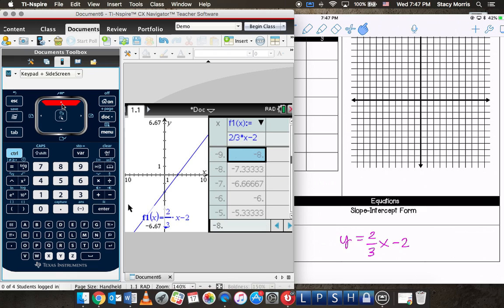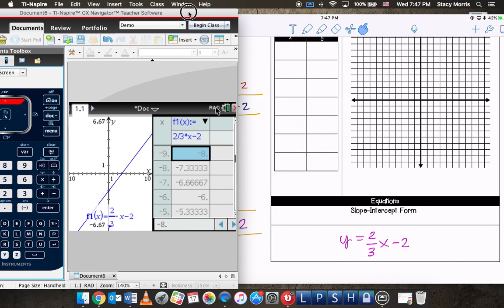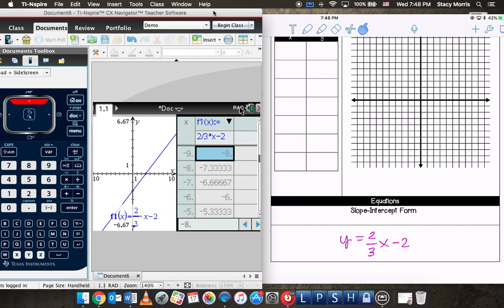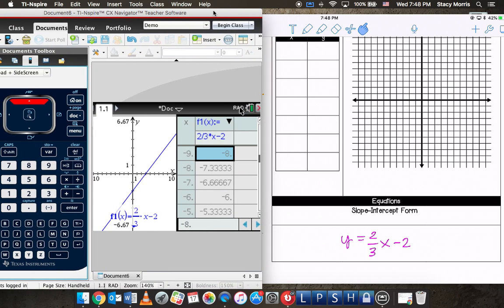So let's go to, we'll start with -9, -8. So I'm going to fill this in on my table on my paper here. So -9, -8, that's going to be the first point that I write here. -9, -8. I'm going to plot that. So that point is right there, -9, -8.